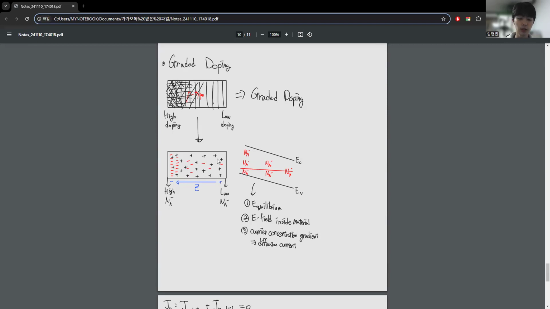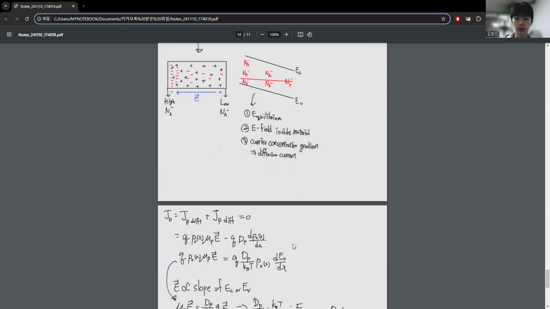This E-k diagram is this: the red line is the Fermi level, this line is the valence band, and this line is the conduction band. This diagram is at equilibrium, with an electric field inside this p-type material and a carrier concentration gradient. So this p-type has diffusion current.